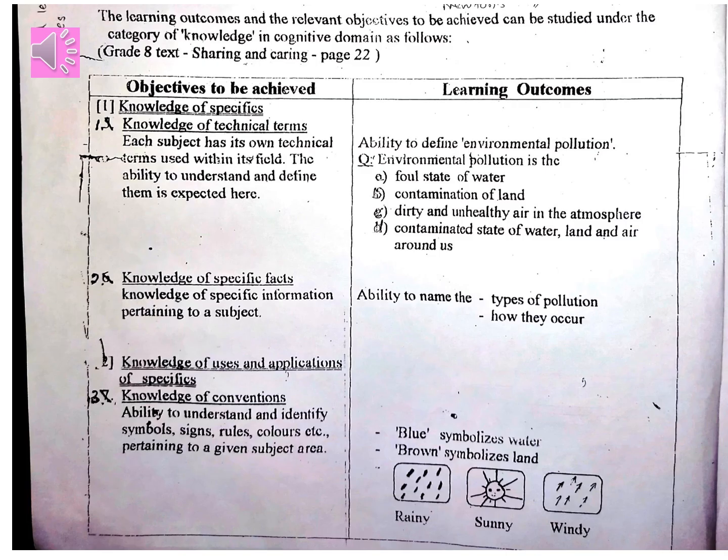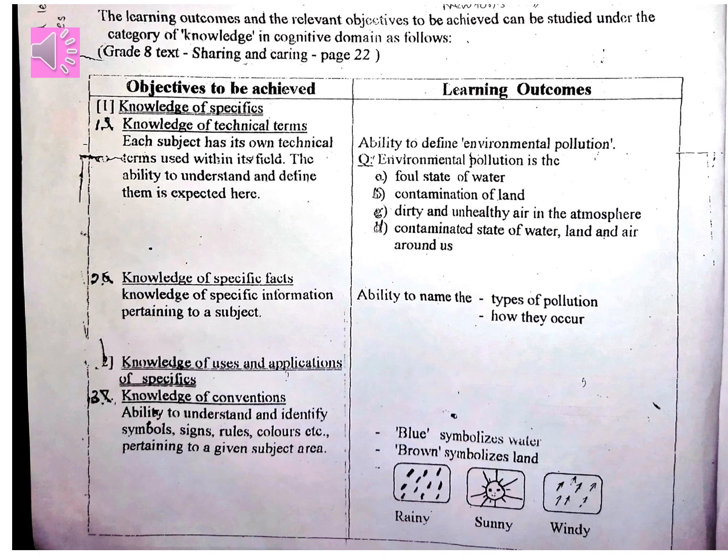Second one, knowledge of specific facts. That means knowledge of specific information pertaining to the subject, right? In measurement and evaluation, there is certain information. Now, to make accurate evaluations, the measurements should be of good quality.